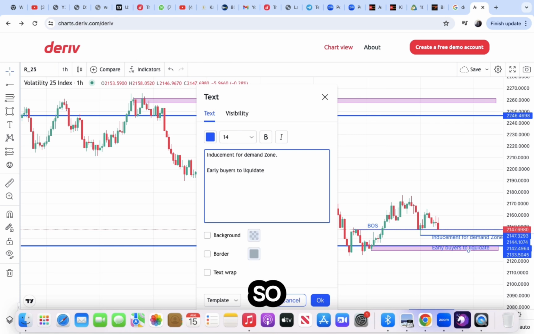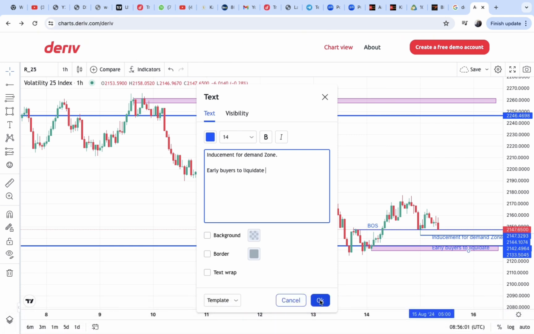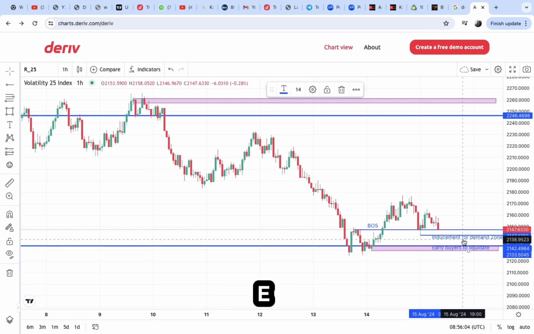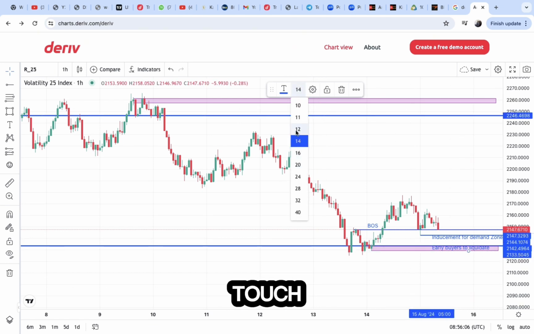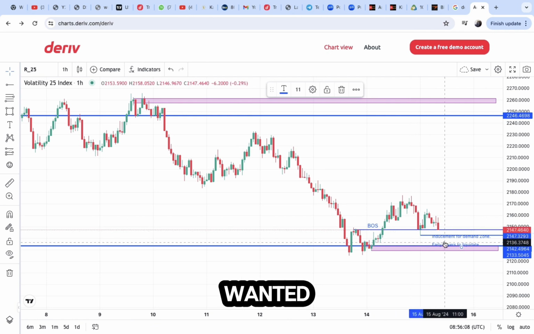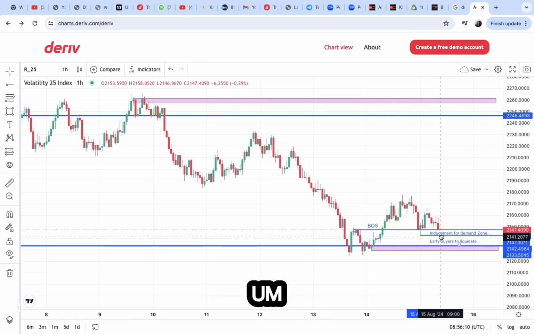So there, early buyers will be liquidated, because remember, we marked our demand zone and the candle didn't touch the level that we wanted.